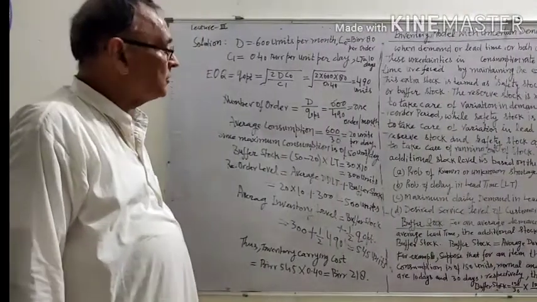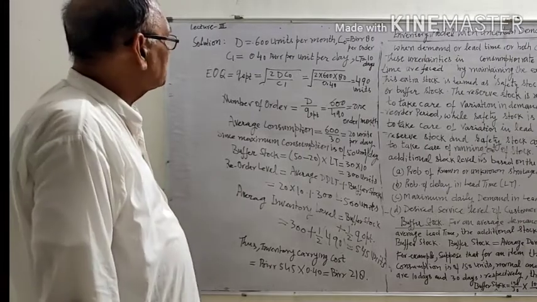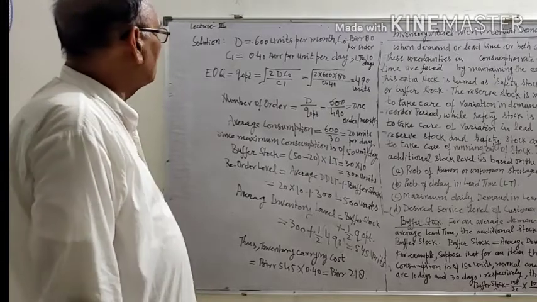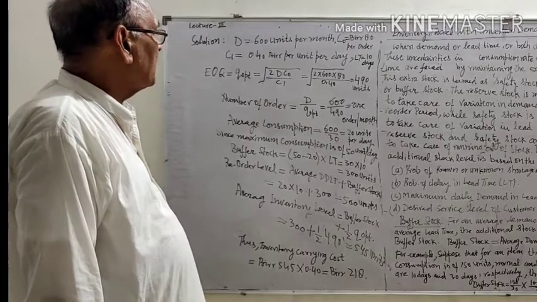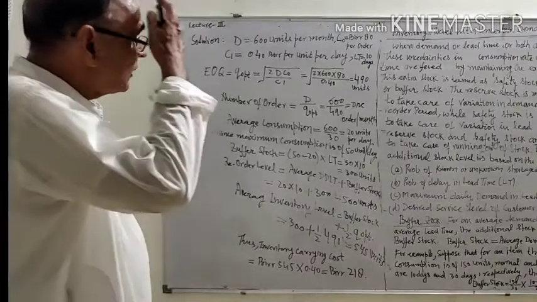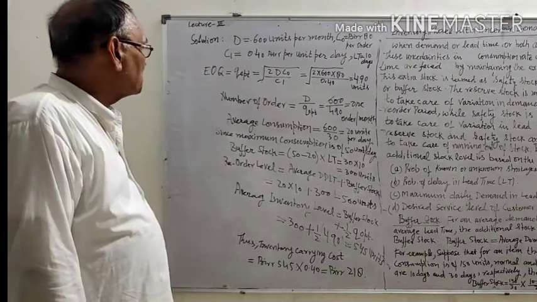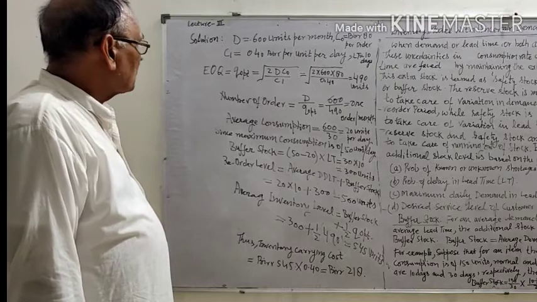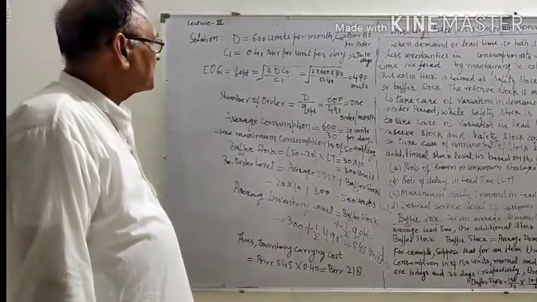Solution of the sample problem. Demand is given in the problem as 600 units per month, C0 is 80 per order, C1 is 0.40 per unit per day, and lead time is 10 days. Now EOQ, the optimum quantity of inventory or economic order quantity: Q optimum is equal to the square root of 2D C0 by C1.